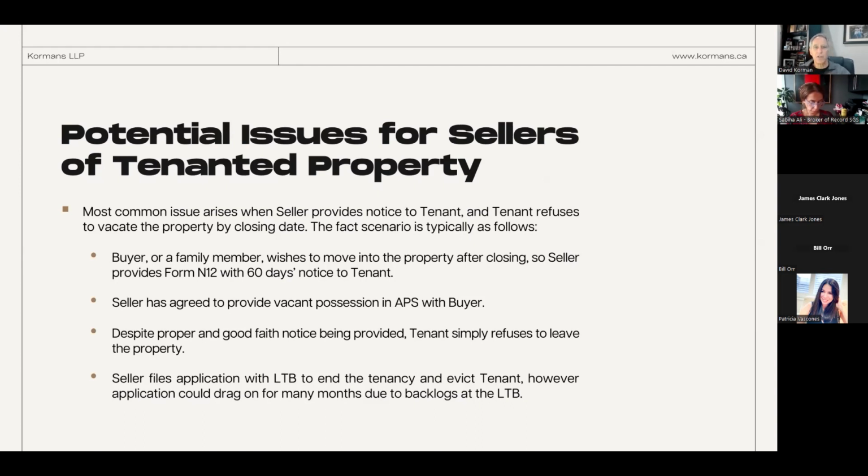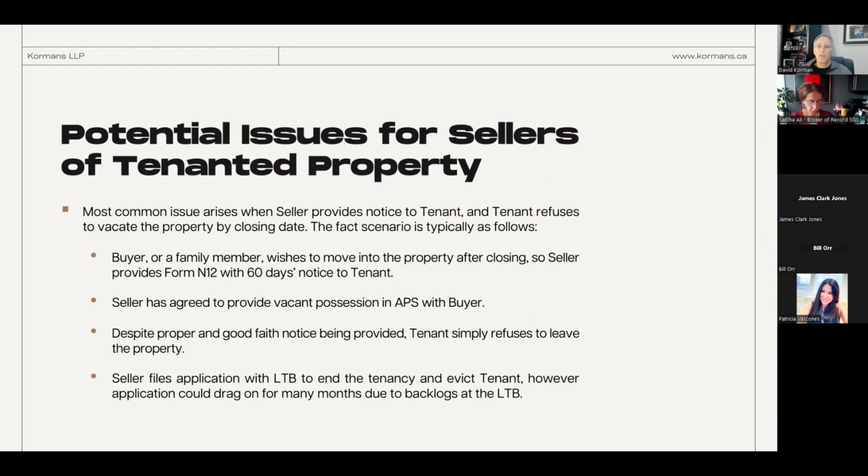The seller agreed to provide vacant possession in the agreement of purchase and sale to the buyer. And in spite of everything maybe being done correctly and notice being provided, the tenant still refuses to leave the property. So now the seller has to file an application with the Landlord and Tenant Board to end the tenancy and get an order to evict the tenant.